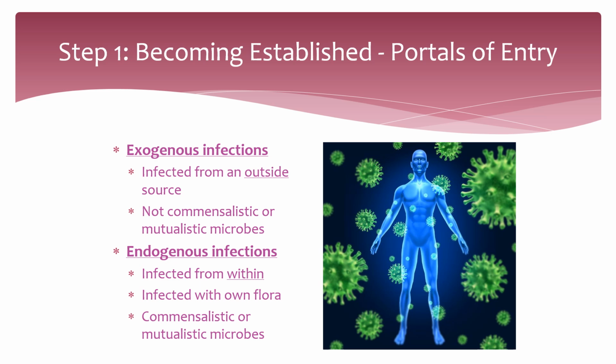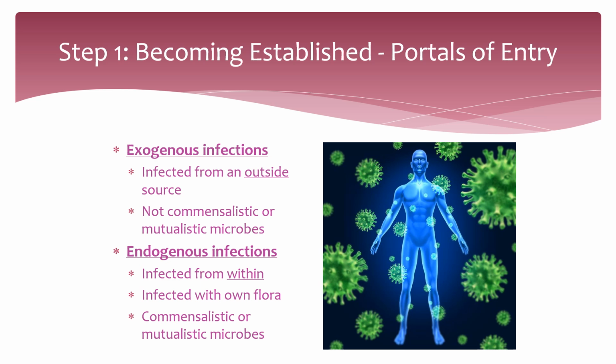Exogenous infections are microbes that are coming from outside of our body through a portal of entry and making its way into our body, as opposed to an endogenous infection, which is an infection from within our body. Basically, our own microbiota is turning against us. So again, the call's coming from inside the house. It's already inside of us. It's just kind of turned against us. Usually, this is a case of location.